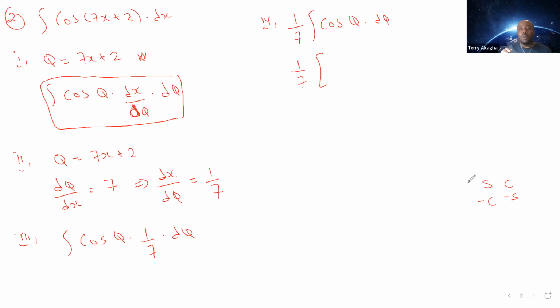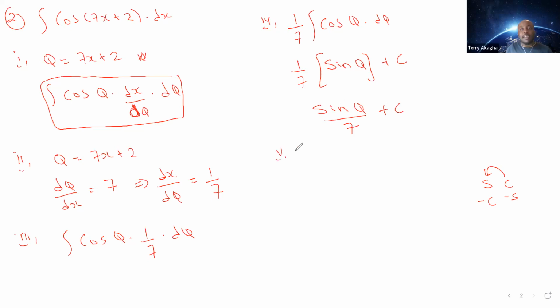Remember, when you go clockwise, it is differentiation. When you go anti-clockwise, it is integration. So when you integrate, cos is going to give you what? Sine. So that means it's going to give me sine q plus c, okay? So you multiply, and it's going to give you sine q over 7 plus c.